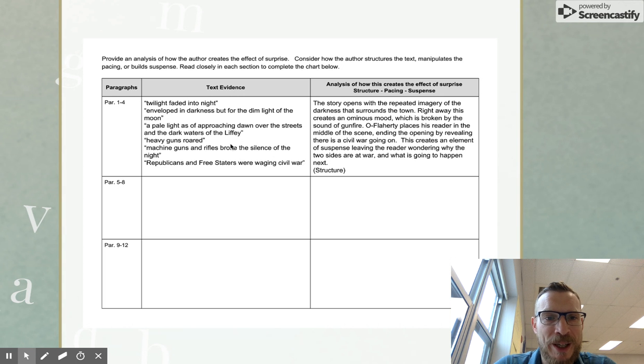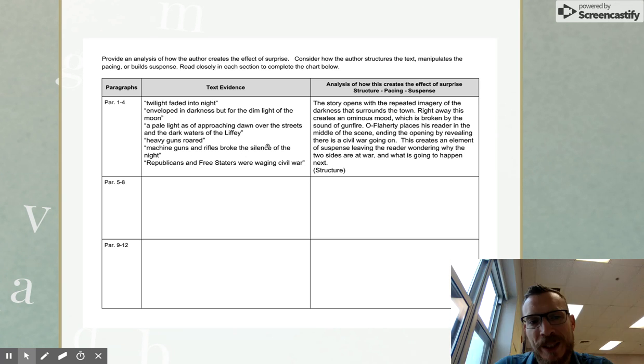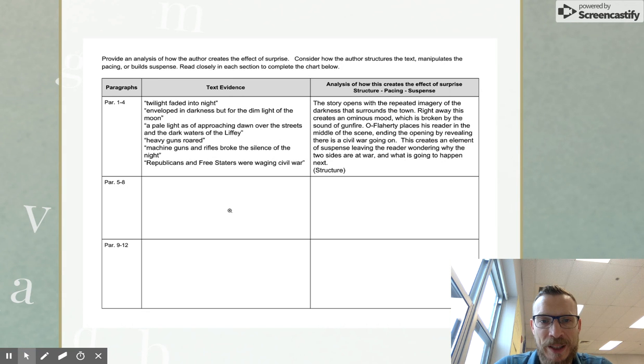When you're looking at your evidence, see if you can find common ideas within the context of the paragraph. So in this first one, I focused on the description and the mood that's created, right? But in another, you might focus on the way the author reveals the narrator's thoughts or something like that. So just work through it, and we will touch base again on Friday.